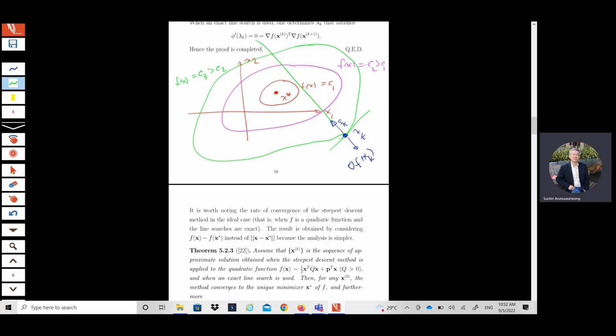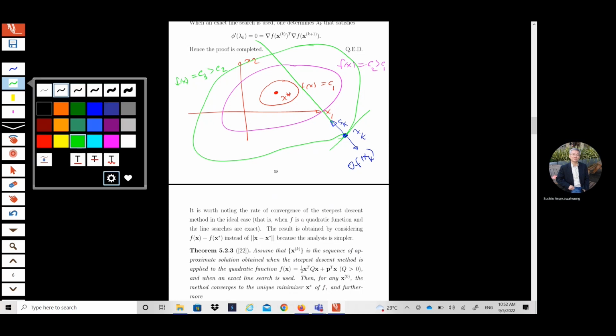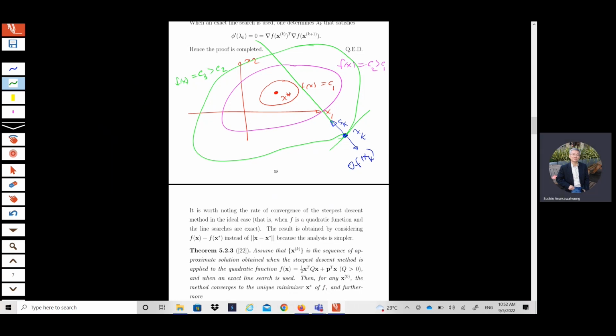The minimum along the green line, along the vector sk, is where it touches a level set, right? Am I right?